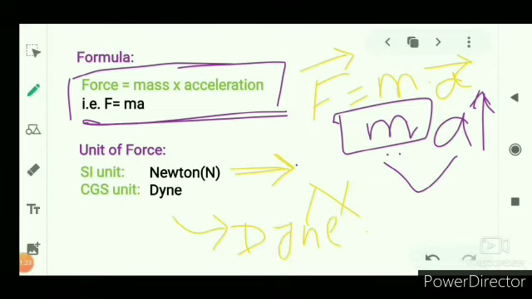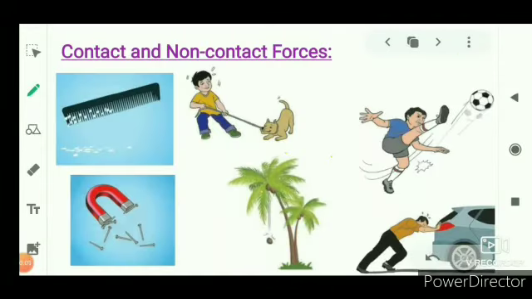Okay. Now we will see the concept of contact and non-contact forces. So dear students, observe the figures given here and tell on your own which forces you think will be contact and which will be non-contact forces.